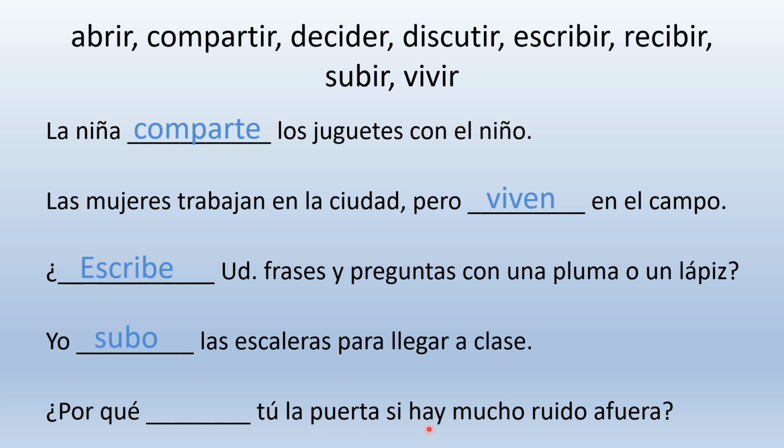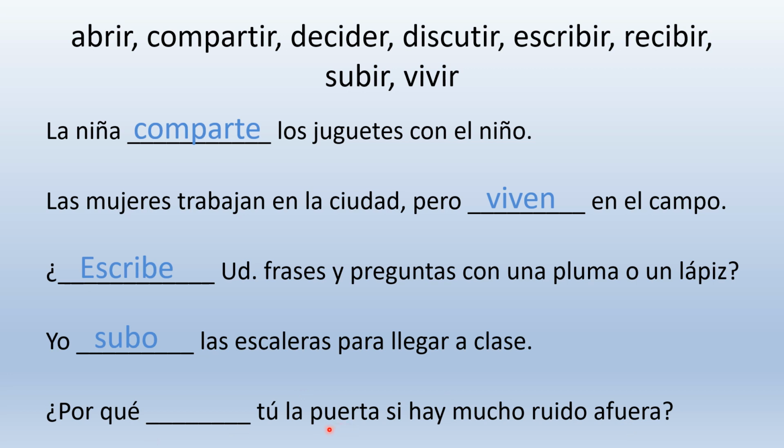Si hay, if, and remember hay is there is or there are. Mucho ruido, a lot. Ruido is noise. So a lot of noise. Afuera. Afuera means outside.